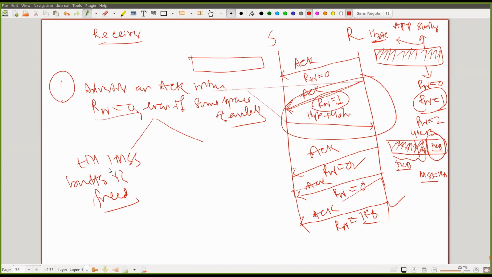Once 1 MSS of buffer is free, immediately I should advertise the actual window size. Then the sender is going to send a packet of 1 KB, which is the MSS size, so that problem is no more going to arise. So this is one scenario. Second scenario, he is also telling, till when you have to go and send.